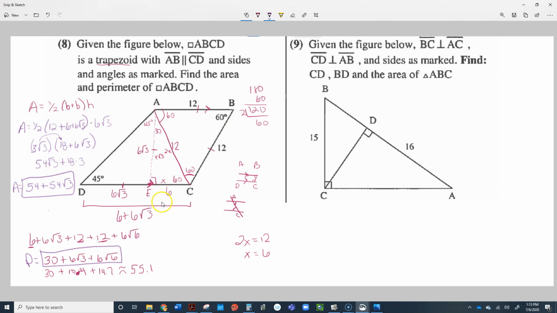Look at all of that. You had to do a lot. You had to draw in lines. You had to know your 30-60 formulas. You had to know about isosceles triangles. But this is the kind of problem that you're going to see on the test. This test is not just one-process problems. They mostly are going to be multi-process problems.